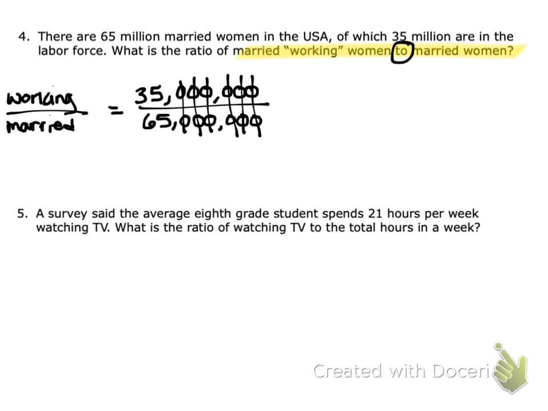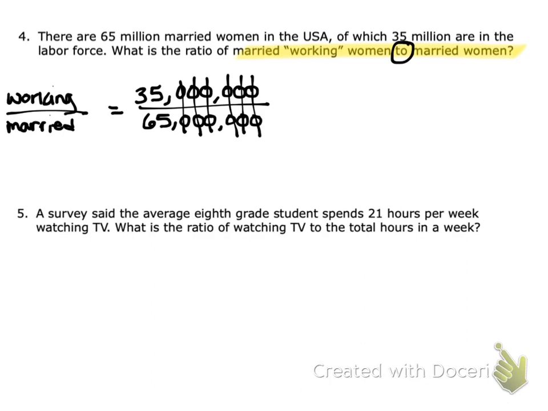If you have the same label, we'll call it label for lack of a better term, million and million, they will cancel out, so you can just use the 35 and 65. Now, if it said something like 65 million and 35,000 or 350,000, you'd probably want to write it out because not all of the zeros on both numbers are going to cancel.